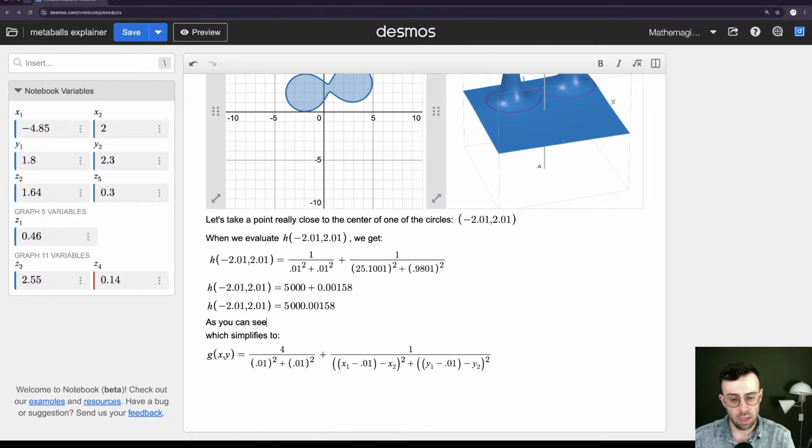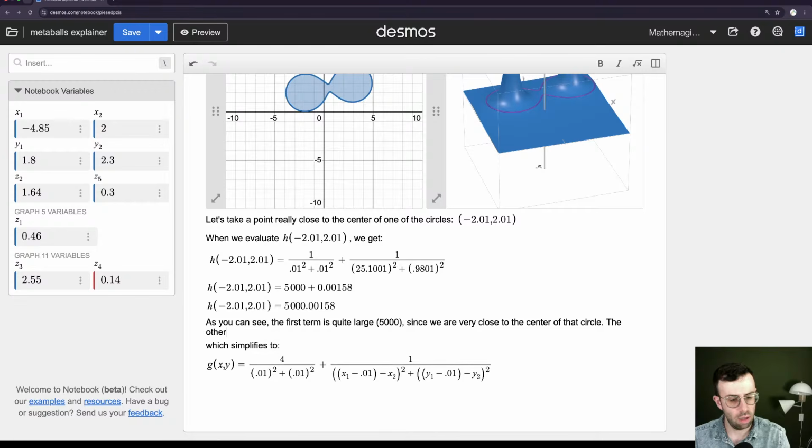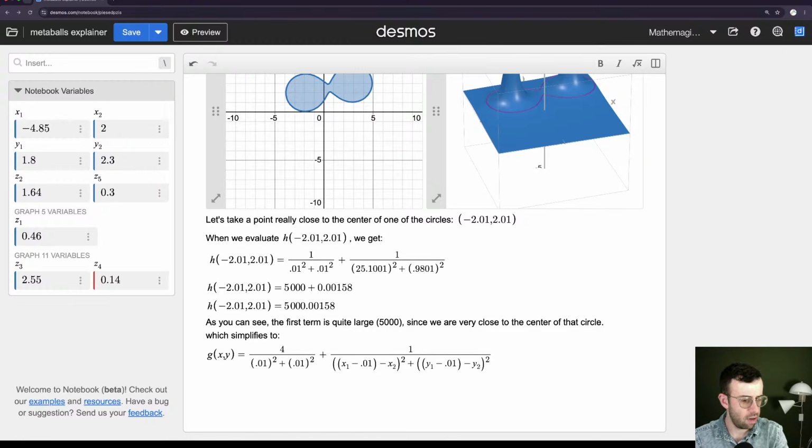As you can see, the first term is quite large, 5,000, since we are very close to the center of that circle, the other term, which is... I don't know if this is explaining it anymore.